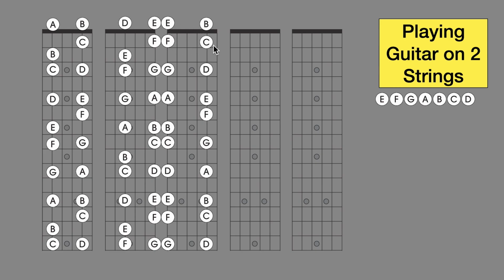So we have E to B, F to C, G to D, A to E. There's our B and our F again. That's our augmented fourth, diminished fifth. C to G, D to A, E to B, F to C, G to D. So we see we have a lot of notes on the same string yet again.